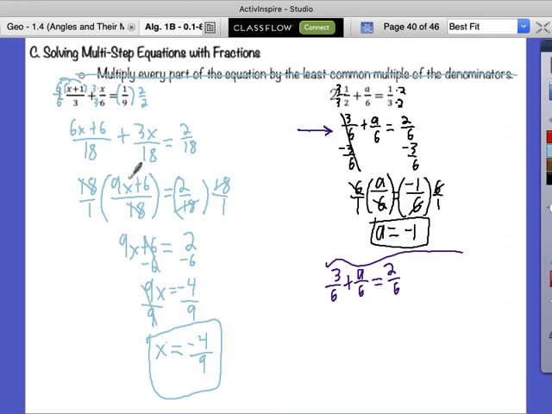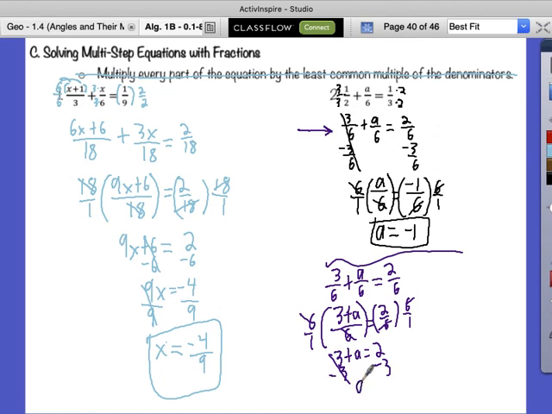So 3 plus A over 6 equals 2 over 6. The 6s are reduced. 3 plus A equals 2. Subtract 3, A is -1. That way works just the same.